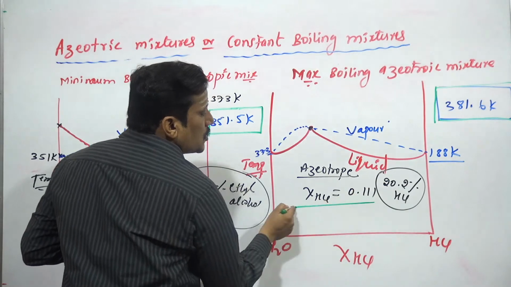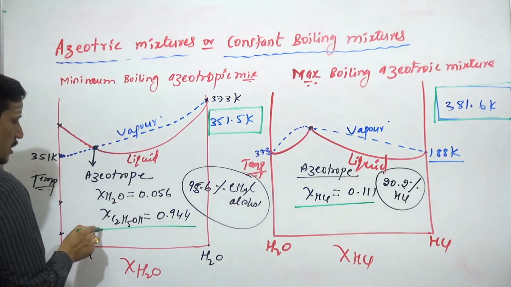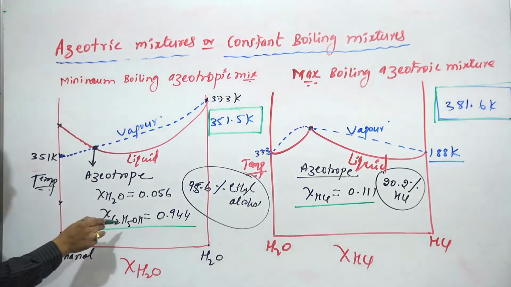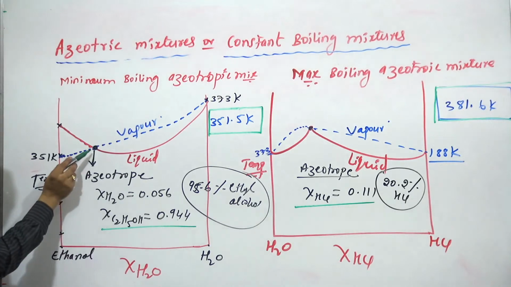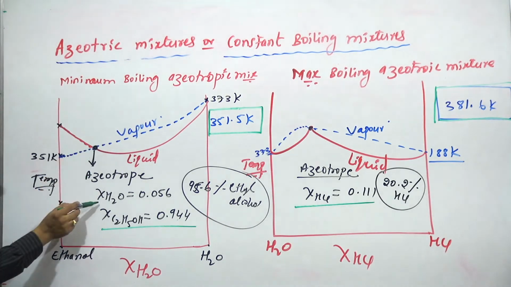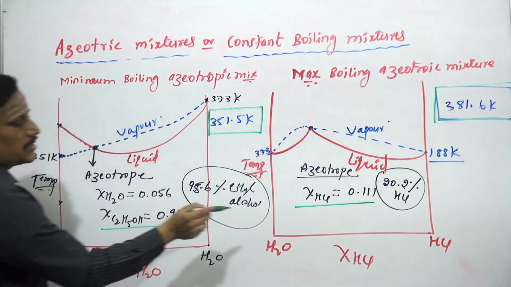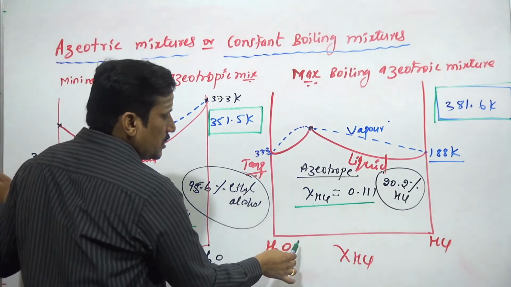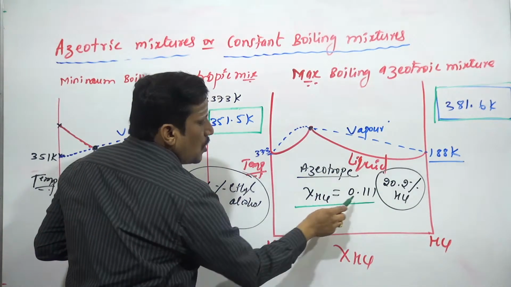Here, what is the mole fraction of HCl? And the mole fraction of ethyl alcohol is 0.944. At this point, the mole fraction of ethyl alcohol is 0.944 and that of water is 0.056. And at this point, HCl is 0.11.